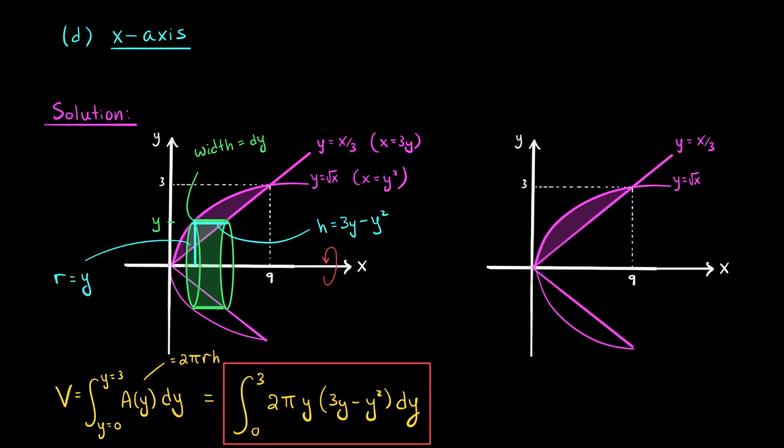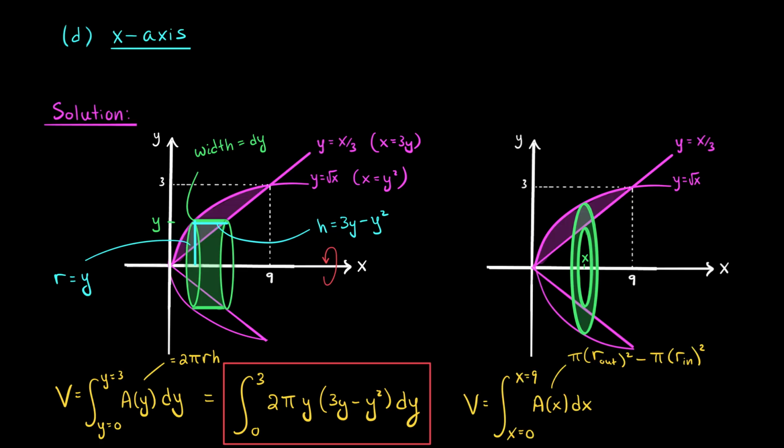Indeed, if you imagine slicing the solid along the x-axis, from x equals 0 to x equals 9, you would get washers that look something like this. The volume of the solid is given by the integral of the area of the washer times dx from x equals 0 to 9, and we know that the area of the washer is pi times the outer radius squared minus pi times the inner radius squared.